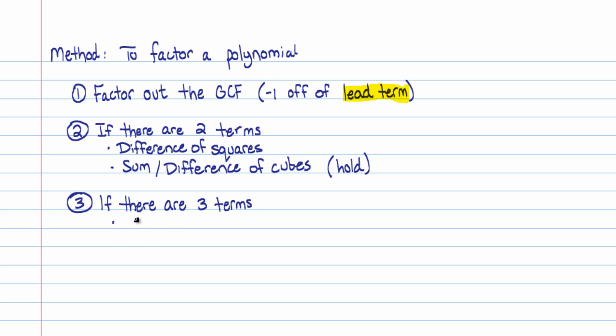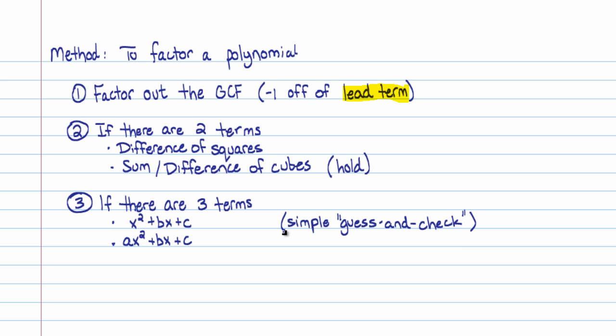You either have a trinomial of the form x squared plus bx plus c, which I just call simple guess and check, which means that you're just guessing and checking at the factorization. We'll talk about that in a moment. And then you have the more complex one where the coefficient on x squared is not 1. Instead, it's something else. So you have ax squared plus bx plus c.